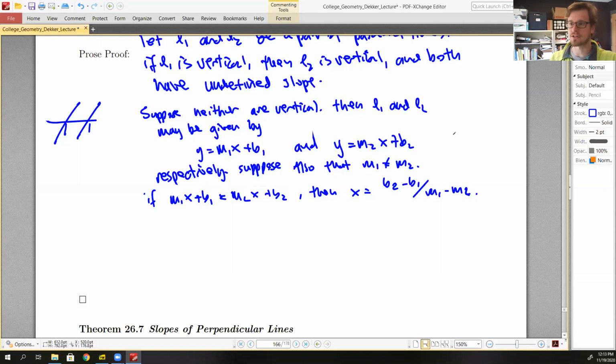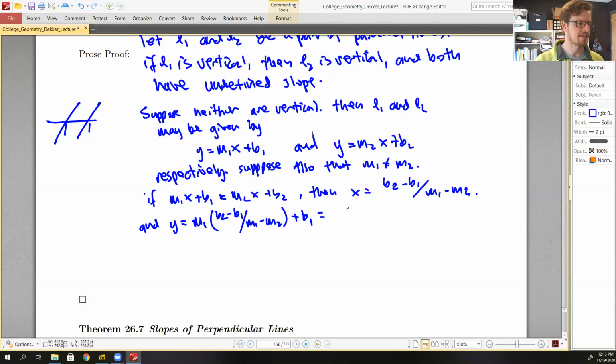That's easy enough to handle. If both of the slopes are 0, then they have the same slope. So assume that at least one of them is non-zero. Excellent. So here's our x value, and y is equal to, if I were to plug this x value into the first equation, let's say, then I would have m1 times b2 minus b1 divided by m1 minus m2 plus b1.